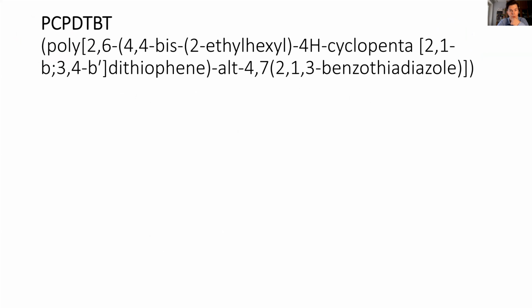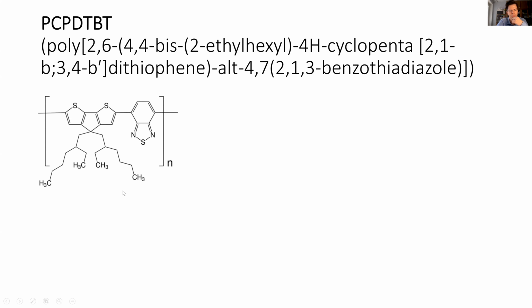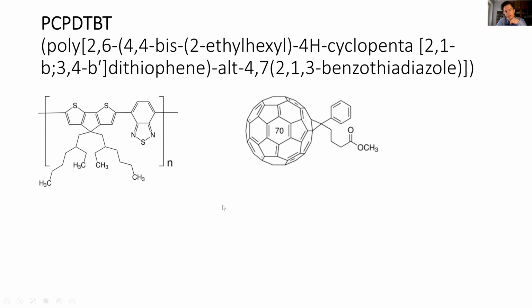Okay, so in this work we worked with PCPDTBT material. The whole name you can see here. I won't read it. Basically, it's a hole transporting material synthesized for solar cells to transport the holes, and usually it is mixed with PCBM to form a heterojunction for solar cells.